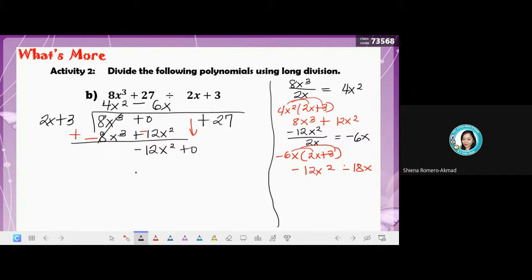So, we have negative 12x squared minus 18x. Okay? Change the sign. Proceed to addition. So, we have here 0. At ito magiging positive 18x. Bring down 27.